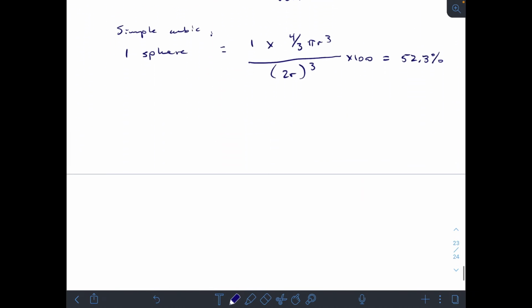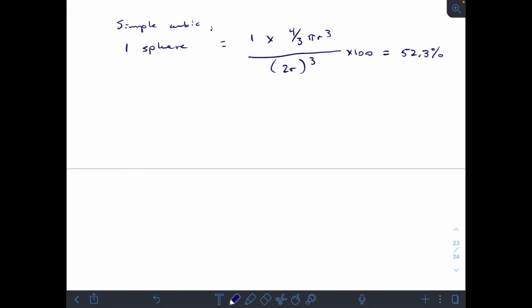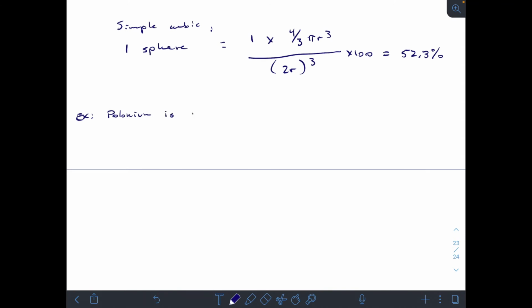All right, so let's work a problem. All right, so our example problem for this section starts like this. Polonium is simple cubic with a density of 9.169 grams per cubic centimeter.